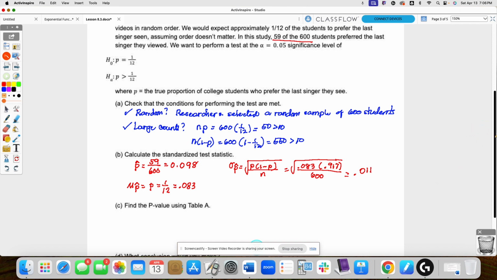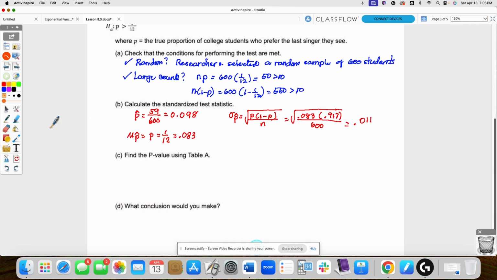Now that we have these values, we can calculate the z statistic, the standardized test statistic, which is equal to the z-score. That is your statistic, 0.098, minus your null value, your mean, 0.083, divided by the standard deviation, which is 0.011.